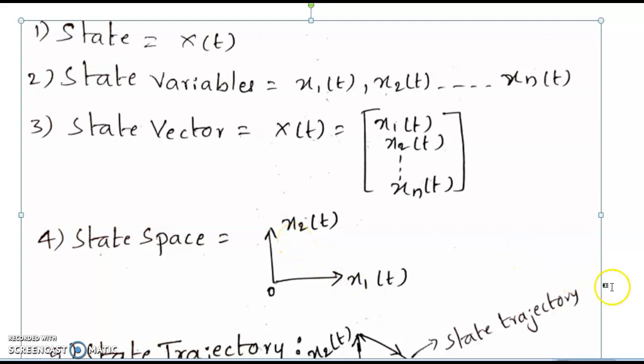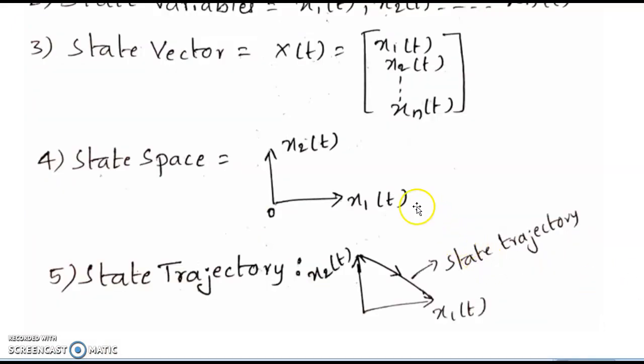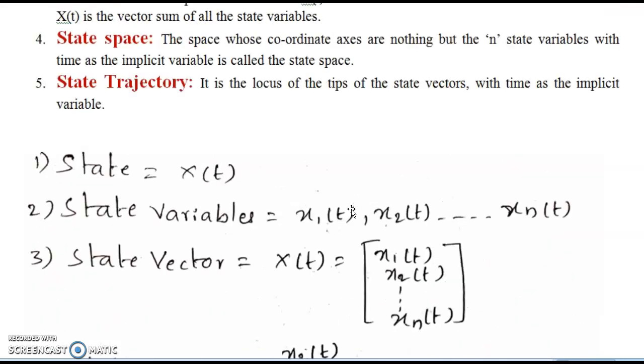Each coordinate axis gives one variable, and this we call the state space. State space is the space whose coordinate axes are our variables. So n axes means n variables. It is a state space.